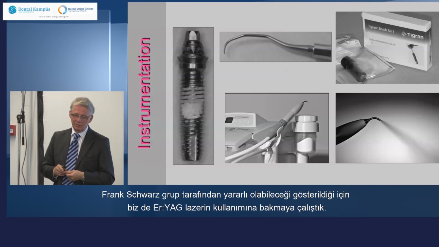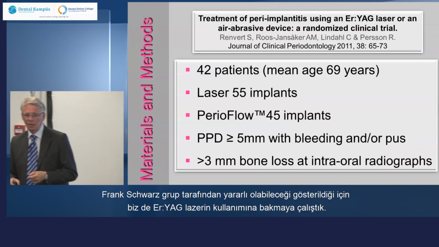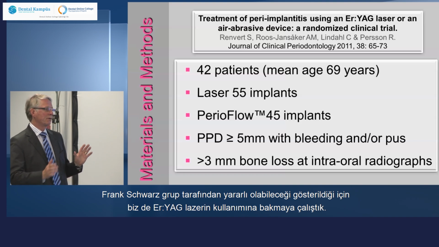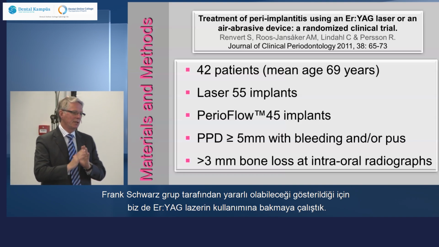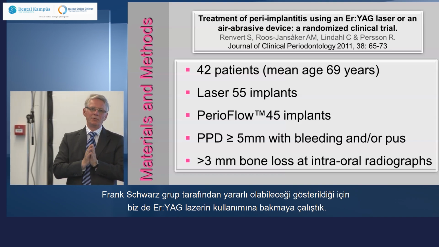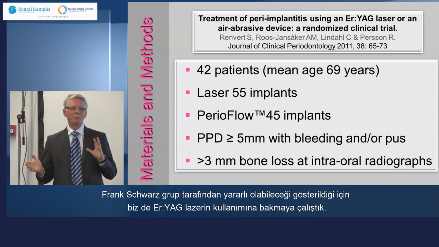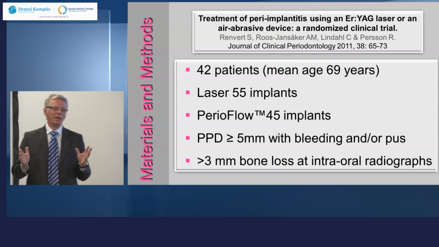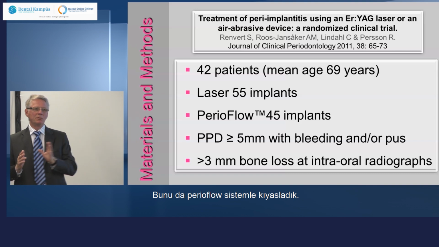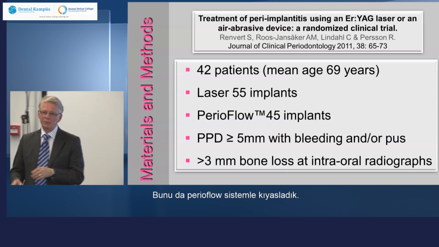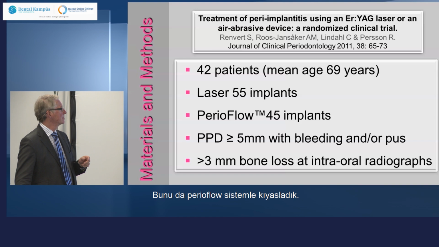We tried to look at the use of this YAG laser, since it was demonstrated by the Frank Schwarz group that this could be of some benefit, and compare that one to the use of the PerioFlow system.